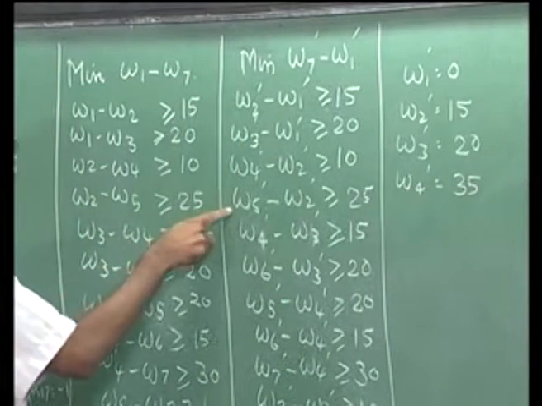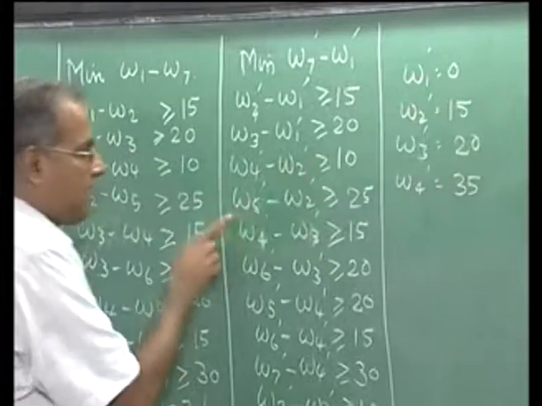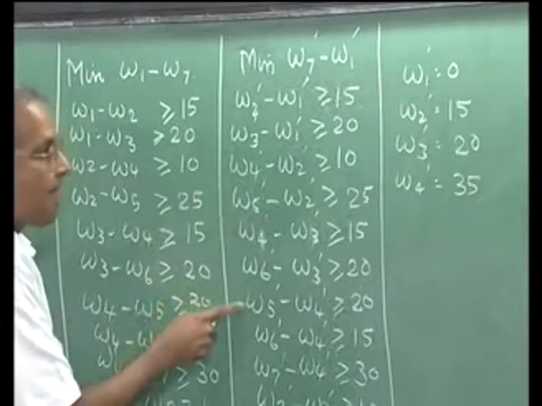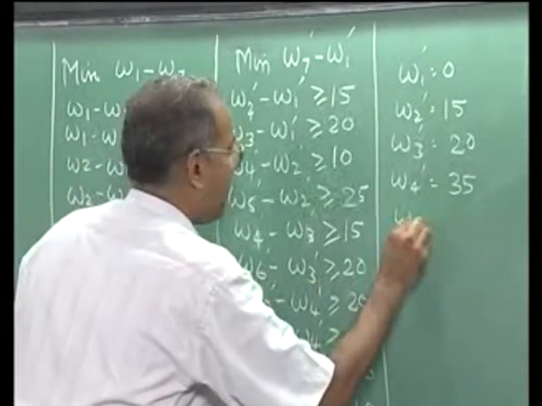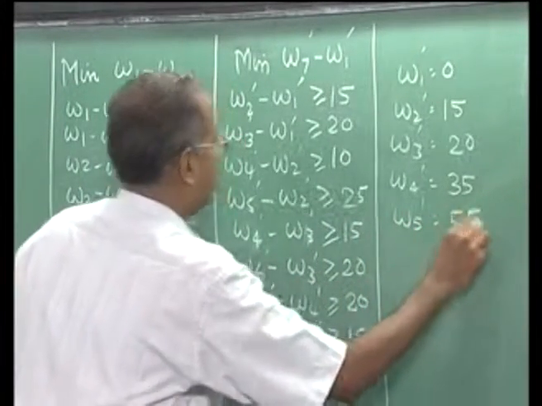Now for W5 dash you get 25 plus 15, so greater than or equal to 40, this is greater than or equal to 55, so W5 dash will become 55.